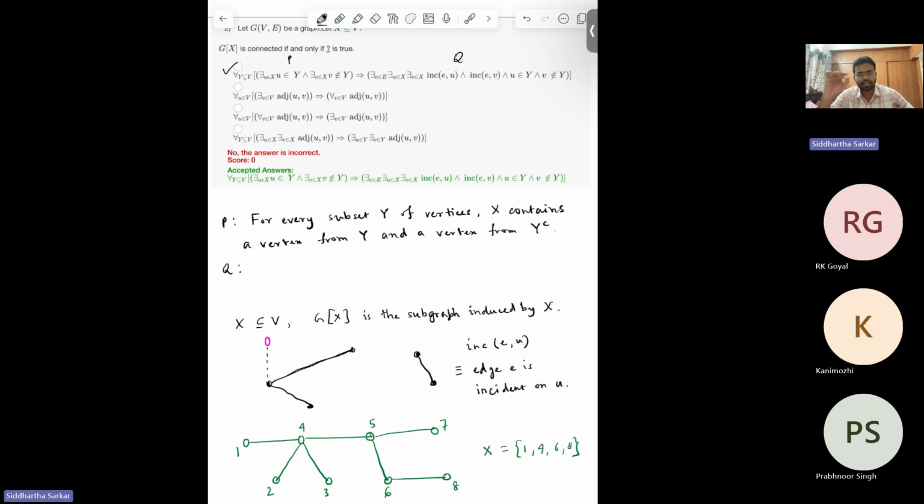So there exists an edge E whose endpoints U and V both belong to X. So U belongs to X, V also belongs to X. That is what the three existential quantifiers are saying.